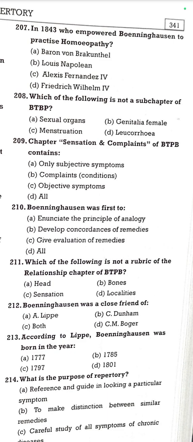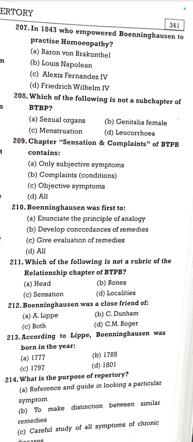Genital female. 209. Chapter Sensation and complaints of BTPB contain subjective symptoms, complaints or condition, and objective symptoms.